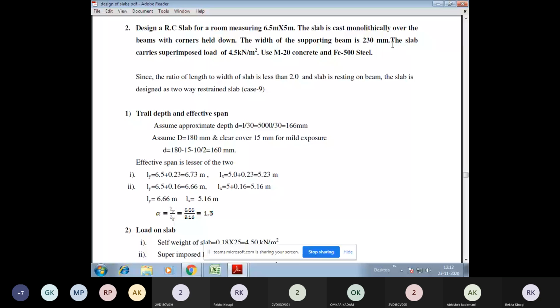It is two-way slab, we have understood. Why restrained slab? Here is the data. The slab is casted monolithically over the beams with corners held down. With corners held down. So here let me go ahead with the codal provision with corners held down.